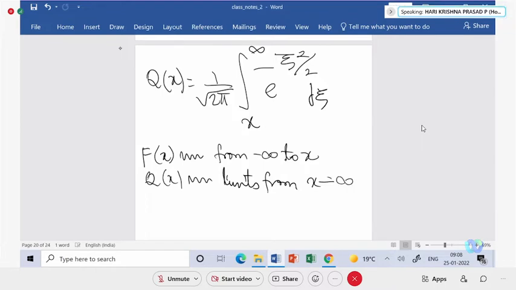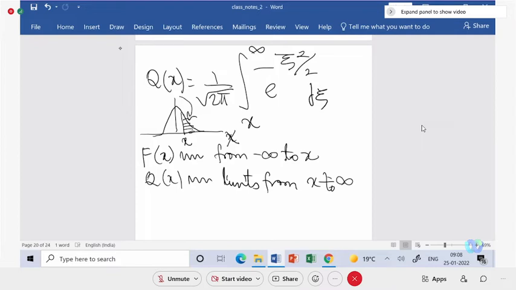This is a very important observation to be noticed. What does this mean? If I have a Gaussian density function with zero mean and unit variance, something like this, the area from x to infinity is the area that q of x refers to. Is it okay?